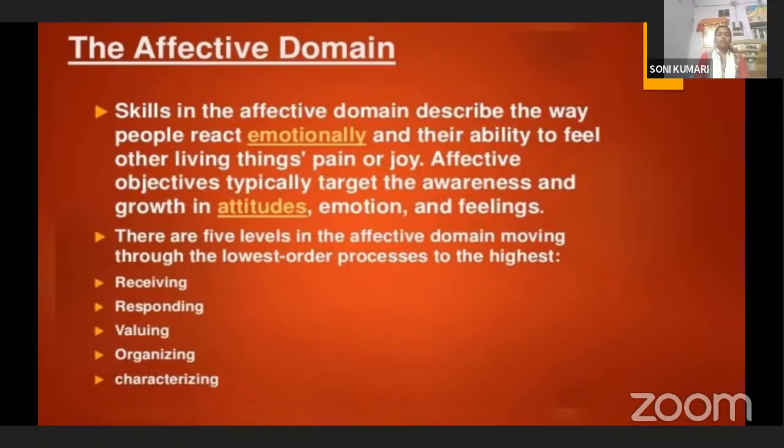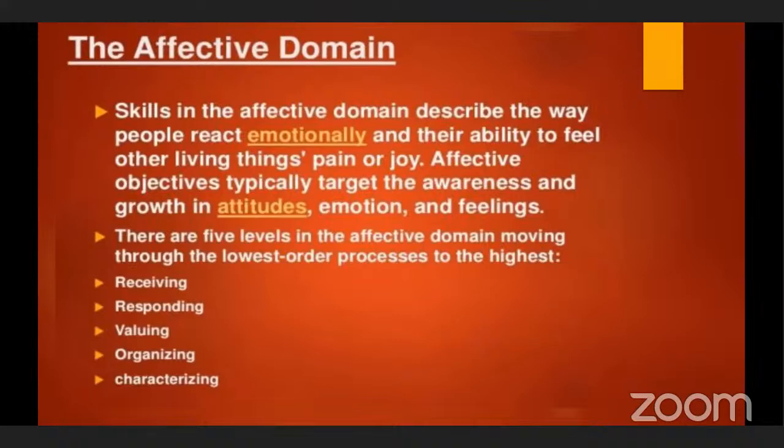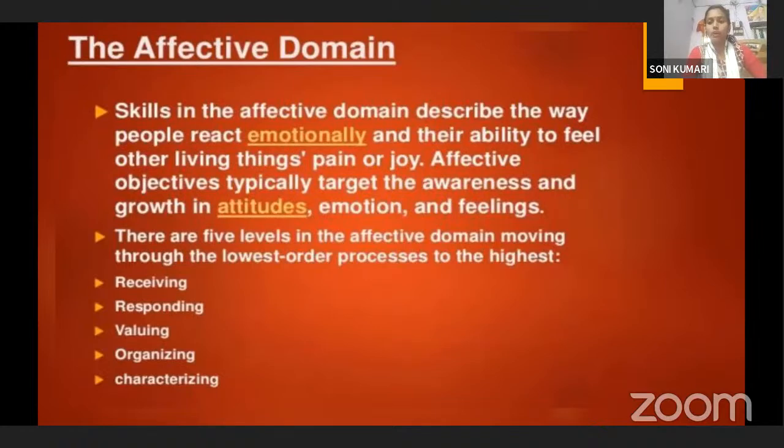Okay, thank you, sir. Now the second domain is the affective domain. It is the action-based domain. Skills in the affective domain describe the way people react emotionally and their ability to feel other living things' pain or joy. Affective objectives typically target awareness and growth in attitude, emotions, and feelings.